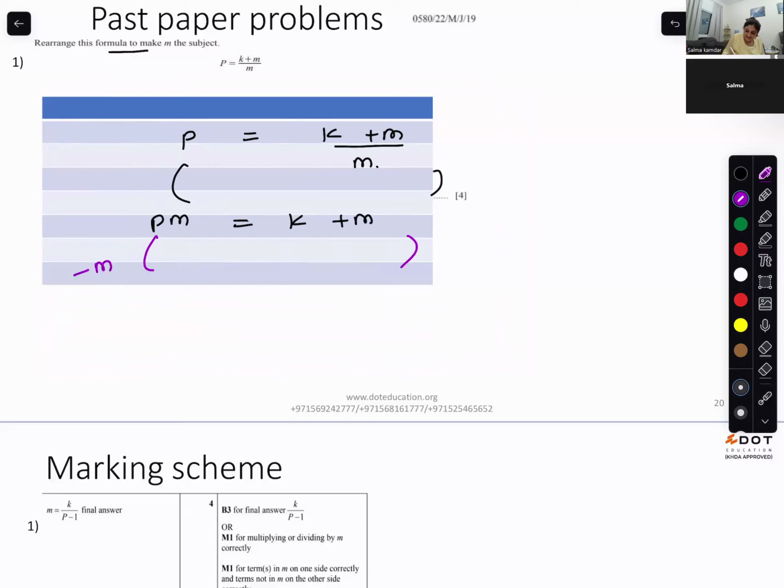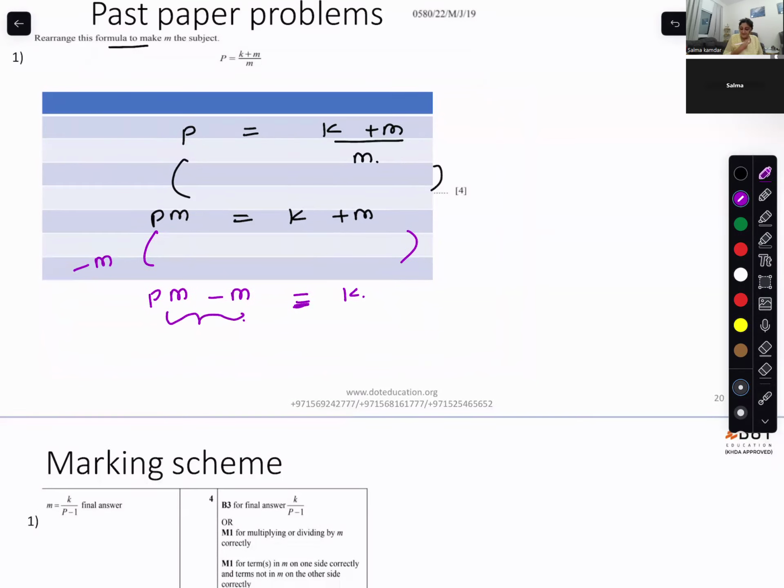So I will minus the M. So this will become Pm minus M is equal to K. Now I will factorize this. At both the places, M is common. So I will write M over here. So this will become P. Whatever is common, I will bring out. What is left, I put inside the brackets. Here nothing is left, so I will write 1 is equal to K.